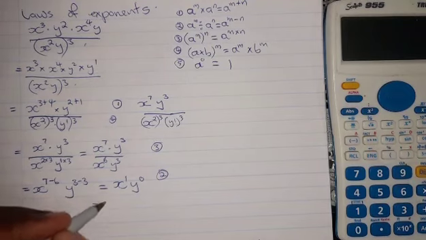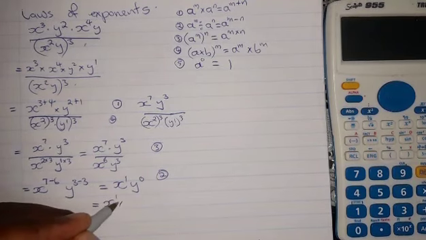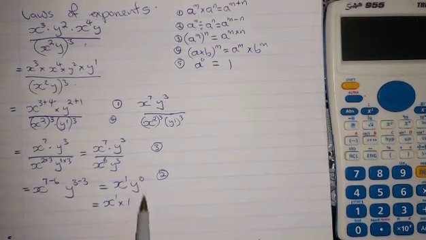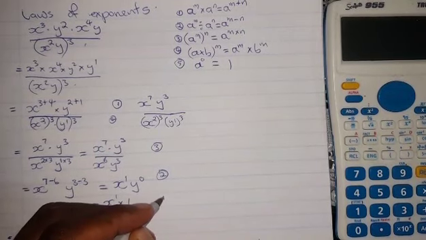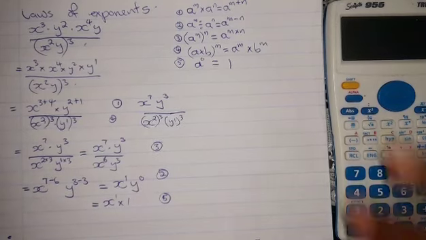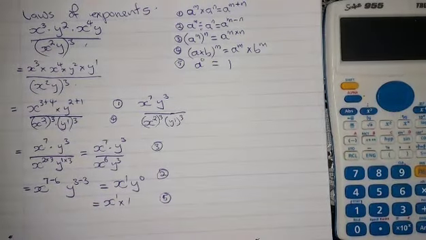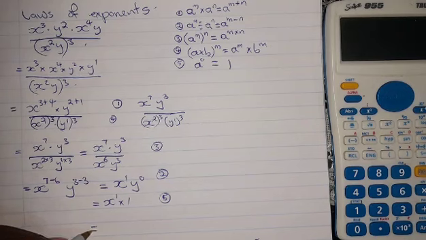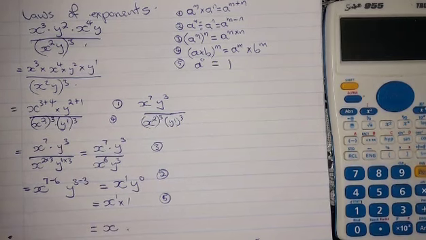So this one gives us x1 times a 1. This one is coming from y to the power of 0. And this is the fifth law according to this order. And then this multiplied by that, our answer finally then is equal to x.